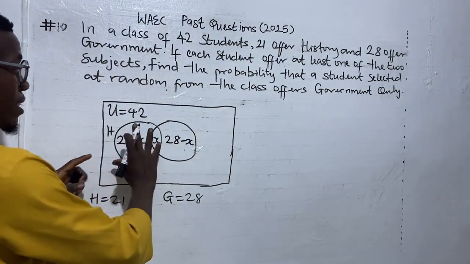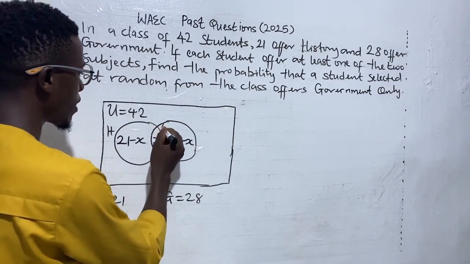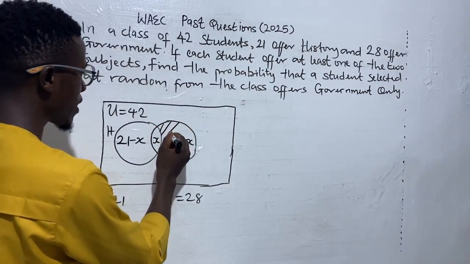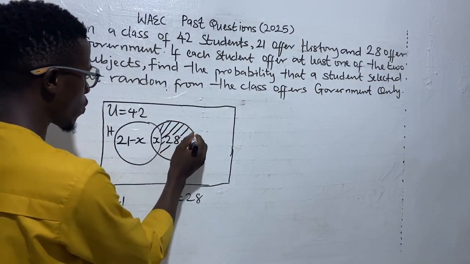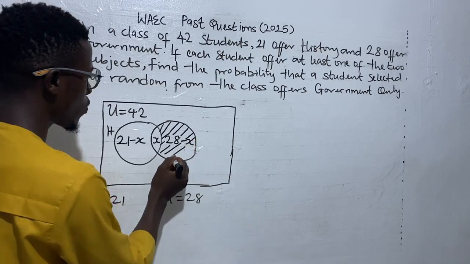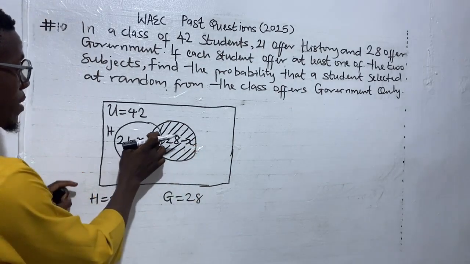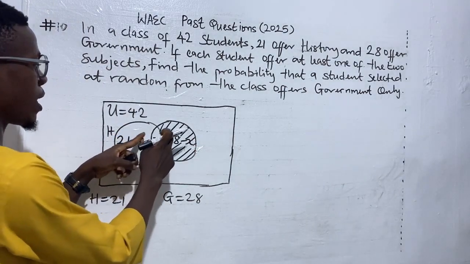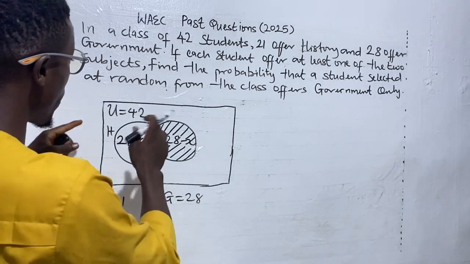The section of this diagram that contains government only is just this place. If it crosses to the other side, the student is offering both history and government, but we're looking for only this side.